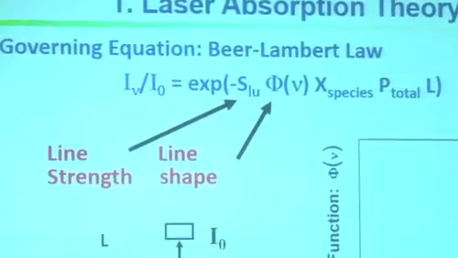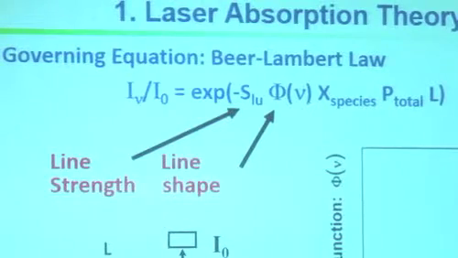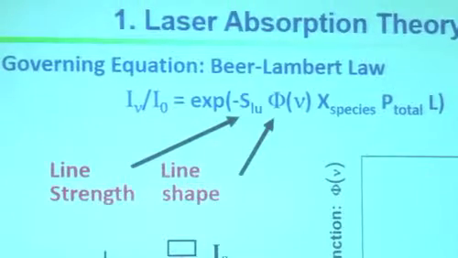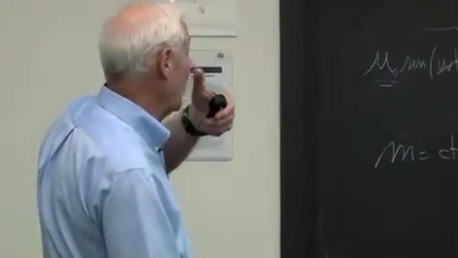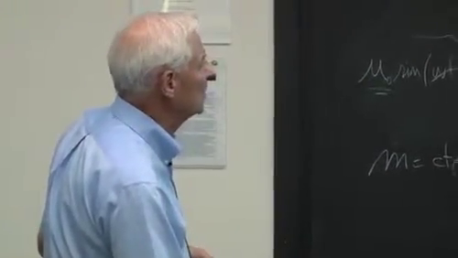What species have we measured? We started this maybe in the mid-70s. Over time, we've learned how to measure a lot of species in the ultraviolet, the visible, and the infrared.